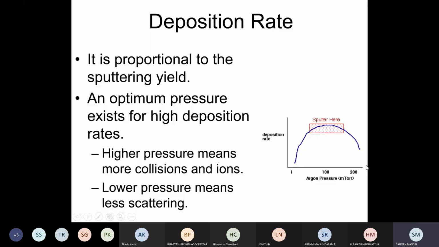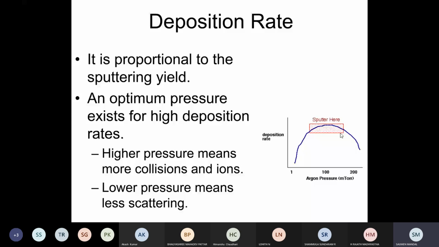So the pressure has to be balanced. If you go for too low a pressure, then it will be a problem, because the mean free path will increase and lower pressure means less scattering. We also need to generate the plasma, so to have the plasma we need sufficient argon.